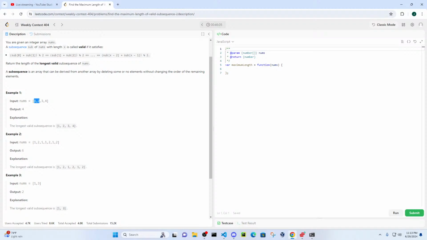Okay, so in this one, you're just looking to see if the sum is even or odd, and if it is the same as the last one.